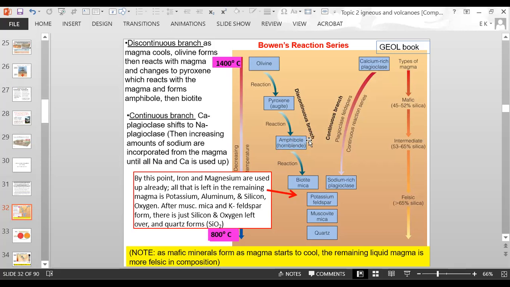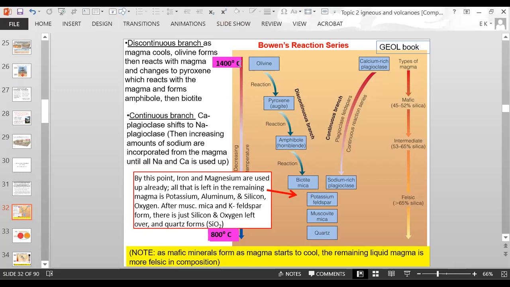One particular type of amphibole is called hornblende. Then some of the amphibole will react with the rest of the magma and form biotite mica. All of this happens as the temperature of the magma continues to cool, by the way.